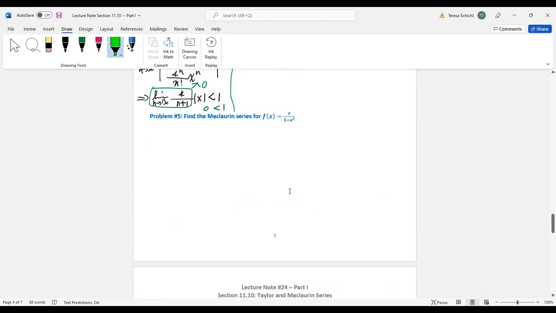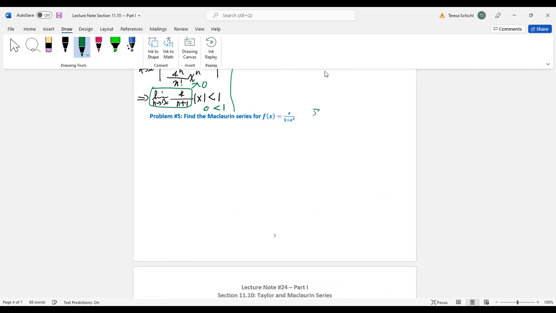Okay, so now let's take a look. How do I find the Maclaurin series for x over 1 plus x squared? All right, in here it is the same thing. You can use the definition, but the derivatives will probably be pretty tedious.